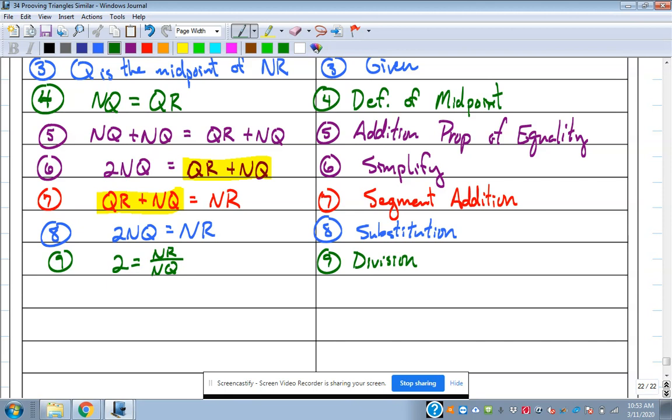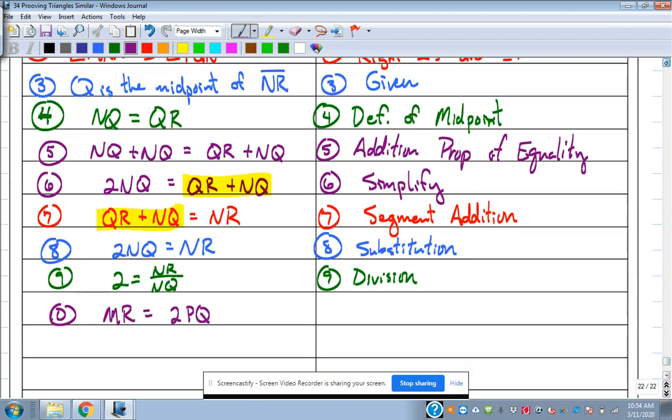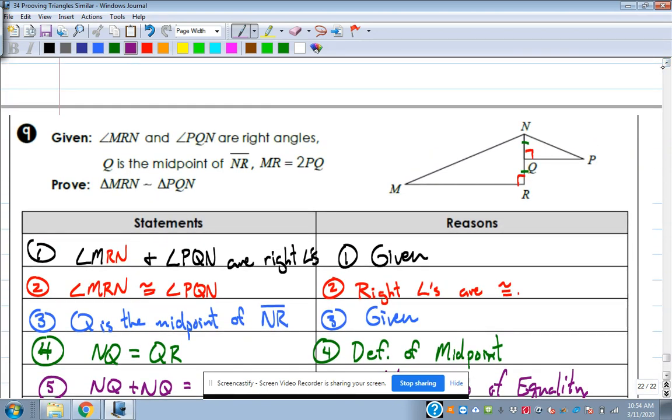side, angle, side, similarity. So the other given that we have not used yet, MR equals 2PQ. Let's look up here at our picture. Where's MR? The long side of that triangle, right? Where's QP or PQ? It's the long side of this one. Isn't that the right sides we need to get corresponding ratio on?